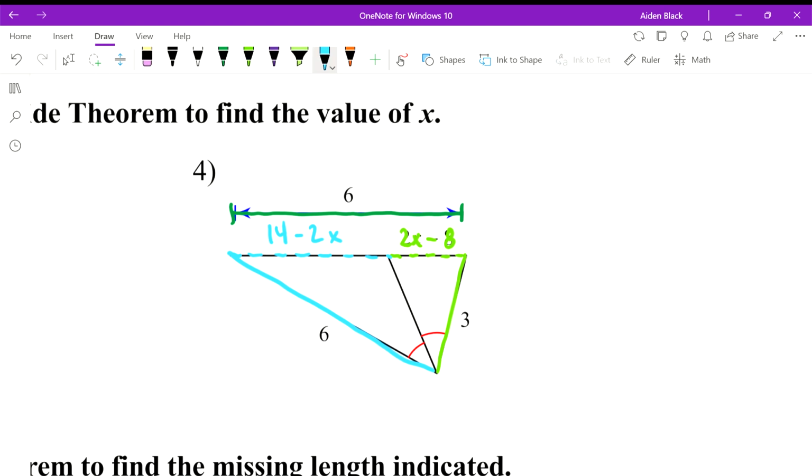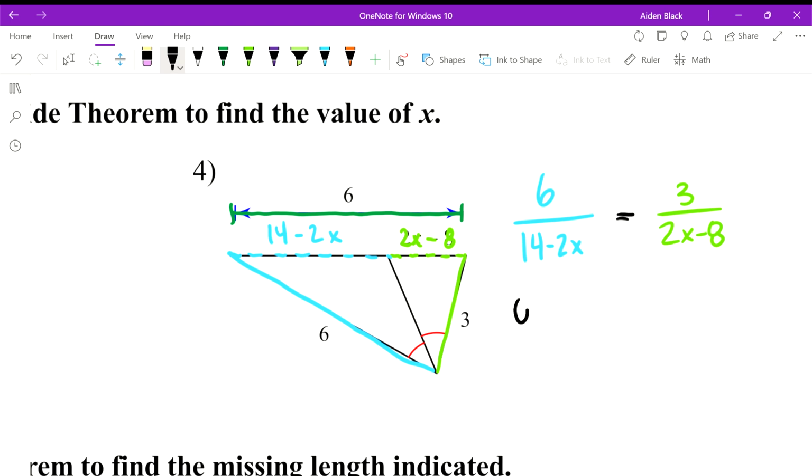Now to evaluate, we can say that 6 is to 14 minus 2x as, in green, 3 is to 2x minus 8.